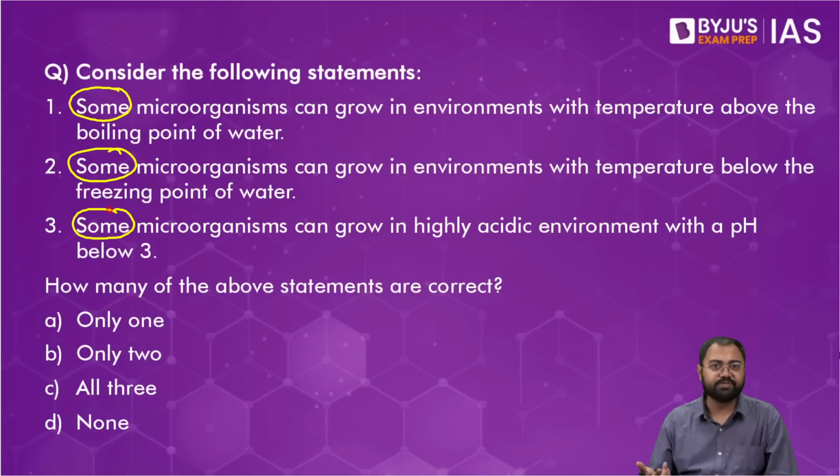Again, it is always possible that they can survive in very harsh cold conditions. So yes, it is possible. Highly acidic environment, forget about the world, inside your stomach you have a pH which can be below 3, and there are microorganisms that can exist there. So even if you don't know any example, even if you don't know anything, you can still mark this answer.